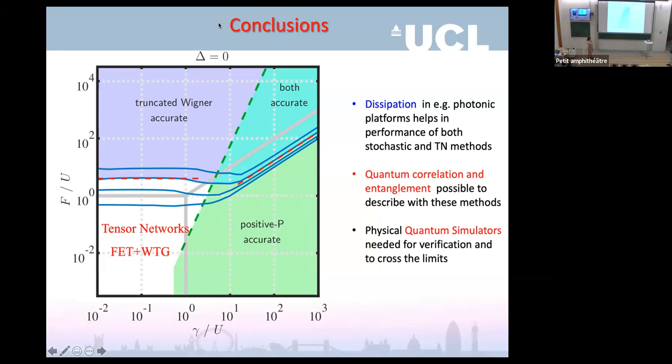Okay, you can write down the master equation and transform it into Fokker-Planck, but you can also do it differently. To derive this positive P or truncated Wigner, you can also write Keldysh, and this is actually my preferred way of doing that. You can write a field theory with quantum and classical fluctuations, and then assume that you keep quantum fluctuations to second order.